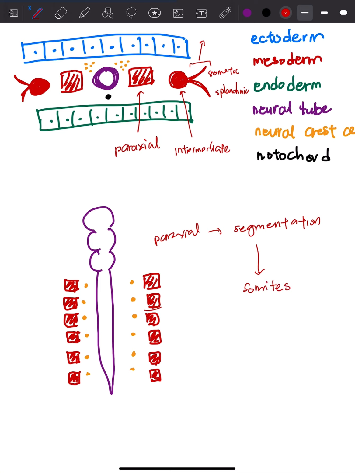You have quite a lot of somites throughout the length of the neural tube, throughout the length of the embryo, and they grow in a cranial to caudal fashion. The top parts here will grow first, and then it will move inferiorly or caudally. At the top bits here, near the cranial part of the neural tube, these are called your occipital somites.